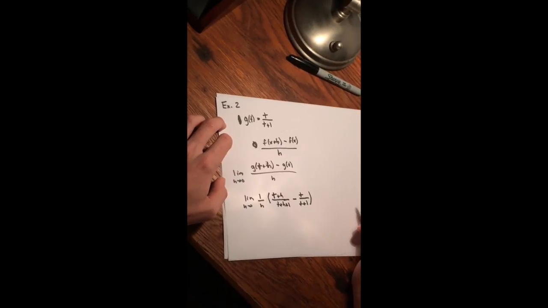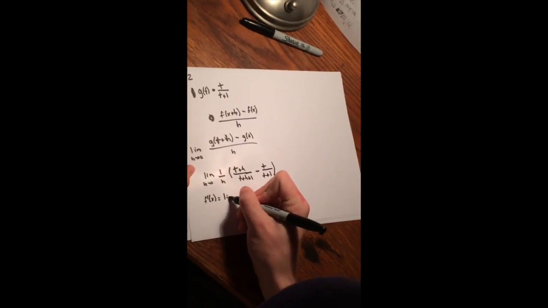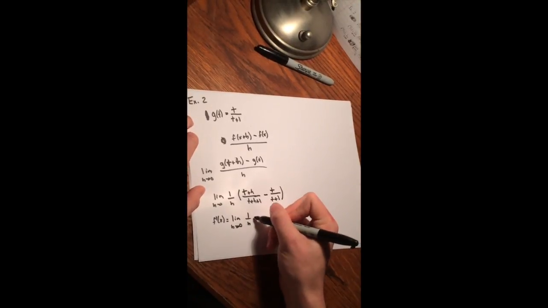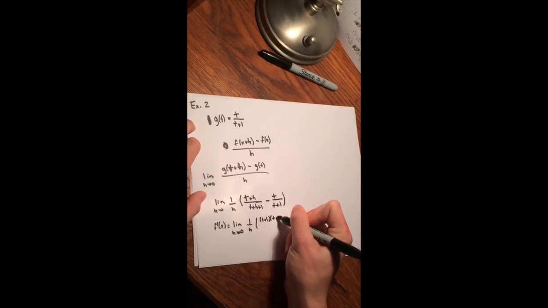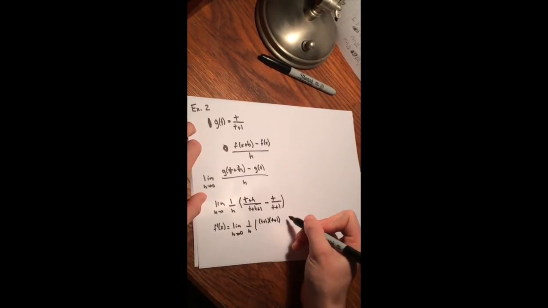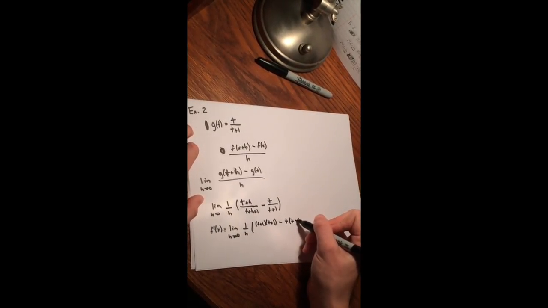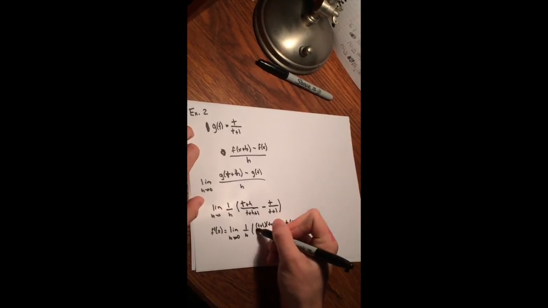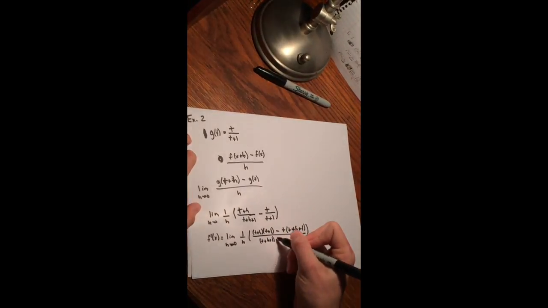Then, as the limit of h approaches 0, as we FOIL this out, it will be t plus h times t plus 1 minus t times t plus h plus 1, and all of this is over t plus h plus 1 times t plus 1.